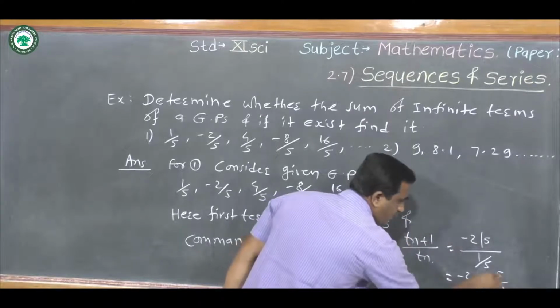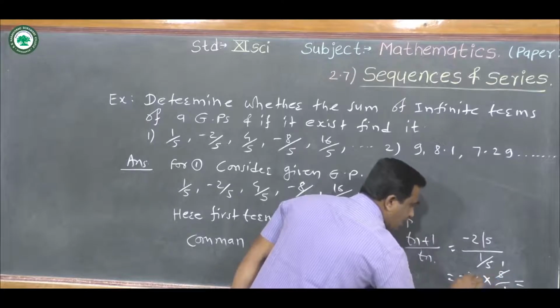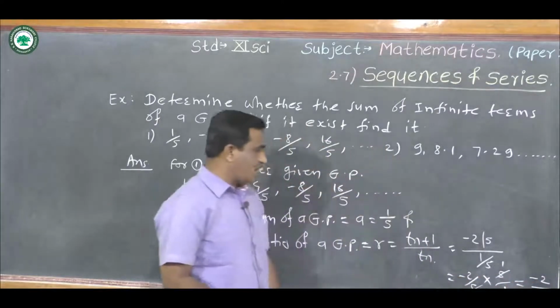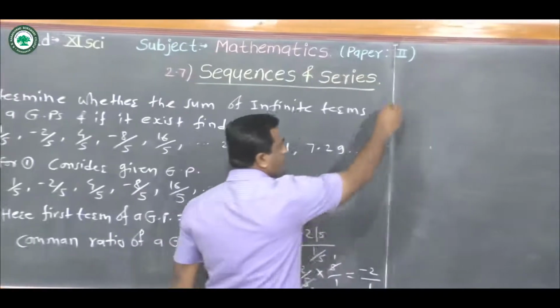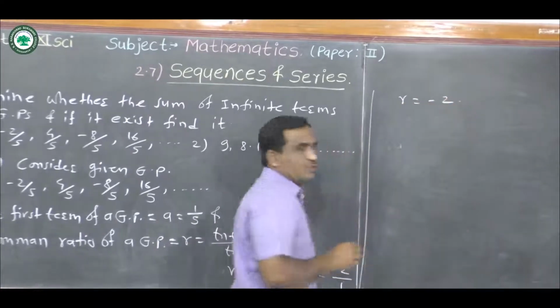Now here 5 cancels out. We can write minus 2 into 1 equal to minus 2 upon 1. That is, we get the value of R is minus 2.